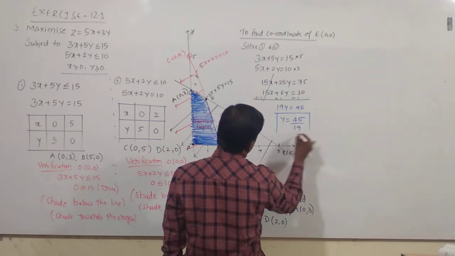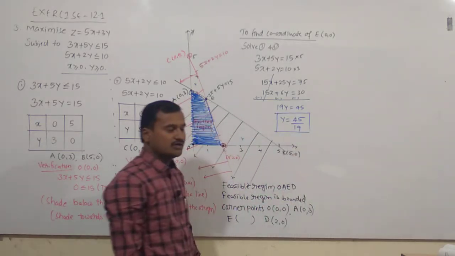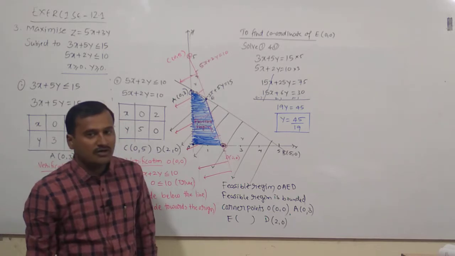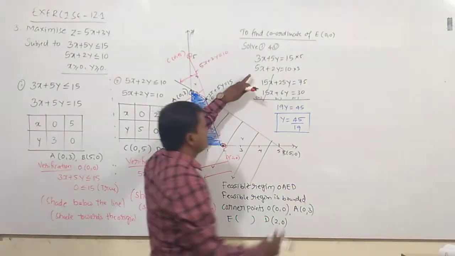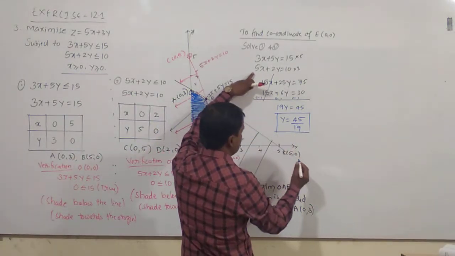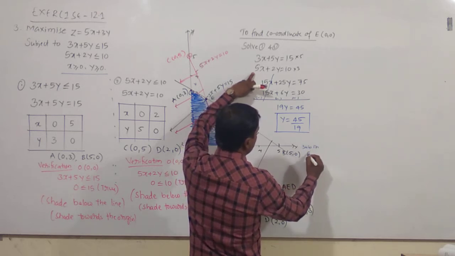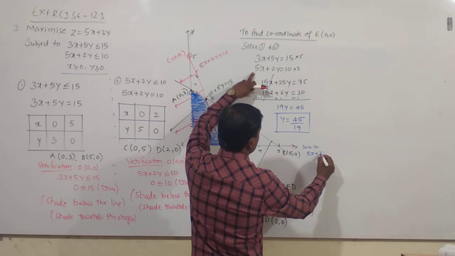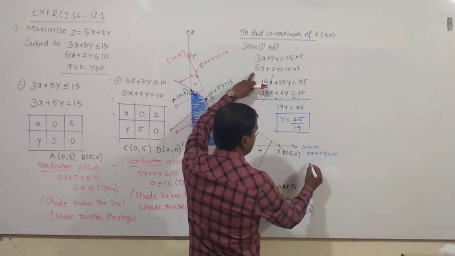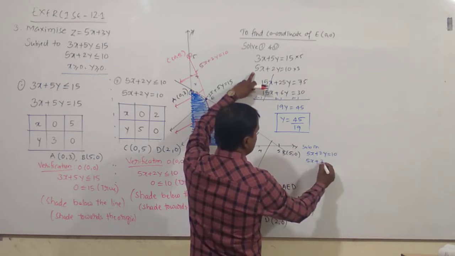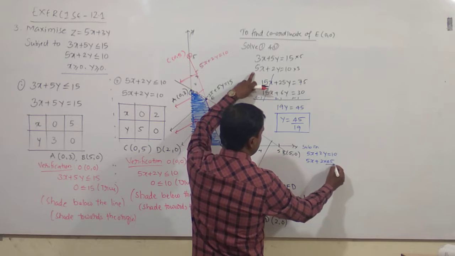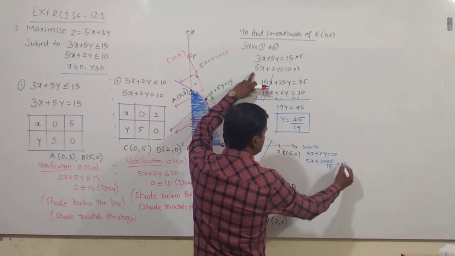Now we got the coordinate of y. Now to get the coordinate of x, I will substitute the value of y in 5x plus 2y equal to 10. 5x plus 2 into 45 divided by 19, that is equal to 10.